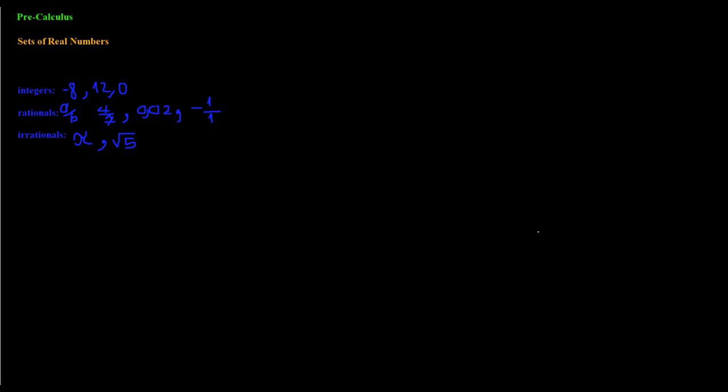If we want to give some more specific intervals, we need to use some notations. The most commonly known one is like that. So you most probably have seen such a thing before. It means that the variable x is in between 2 and 4. It can be 2, but it cannot be 4.